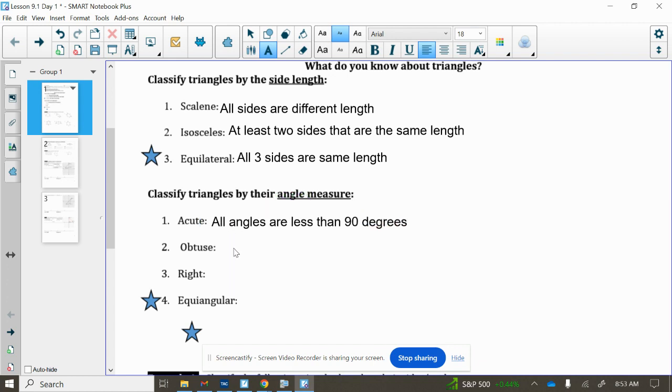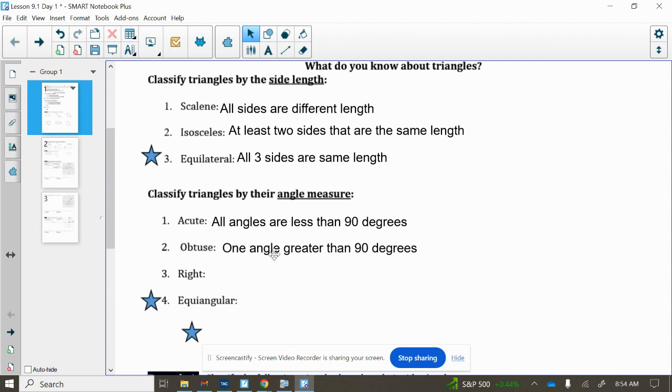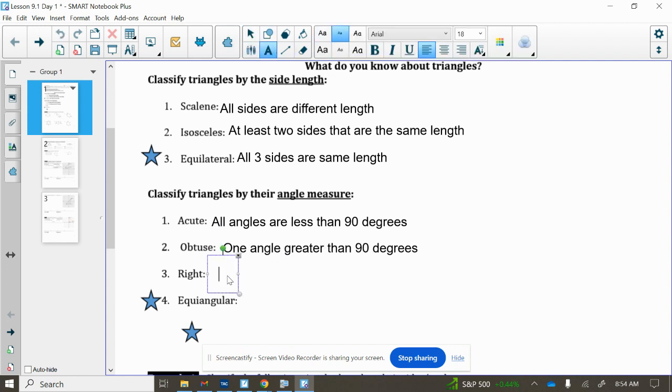An obtuse triangle has one angle greater than 90 degrees. The other two will be acute as a result, so that it still adds up to 180 degrees. And then a right triangle has one angle that is exactly 90 degrees.